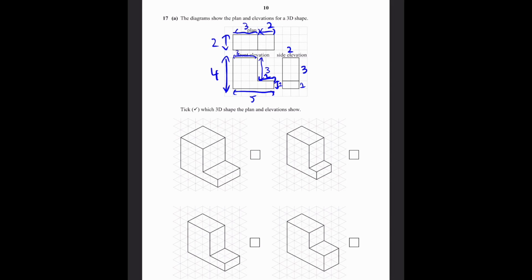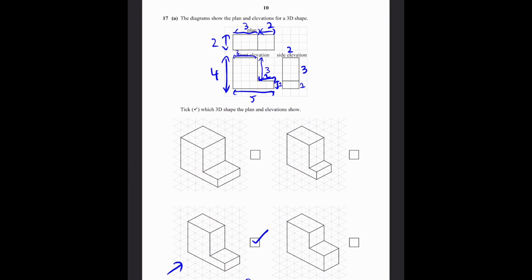So we've got the lengths for the plan. So let's see which one matches all 3 of them. According to me, it is this one, because if you look at the front, it looks like this. And then there's this shape over here. And then when you look from the side, it's this shape over here, but then this part is not seen.